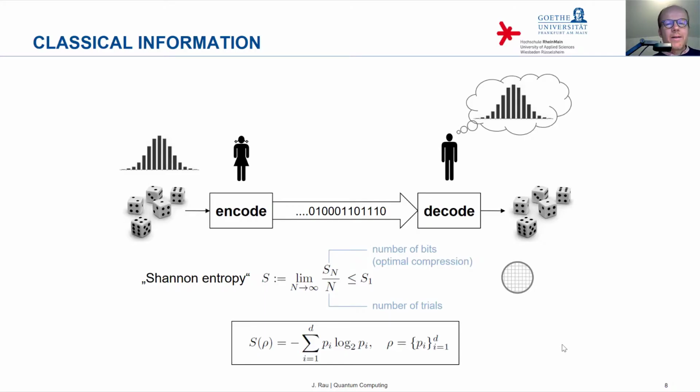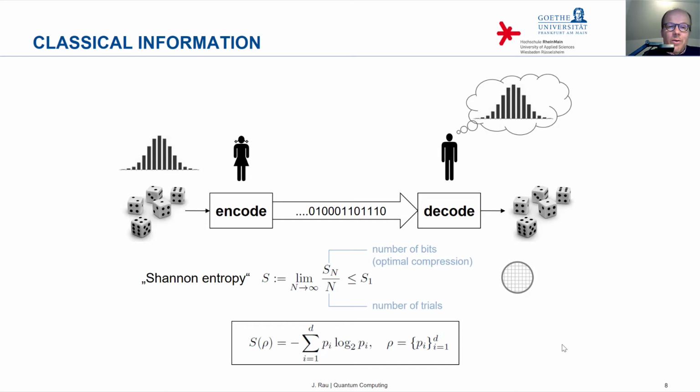So I denote it here by the rho in this formula in the box. That's a shorthand for the classical probability distribution p_i. It doesn't have a hat, so it's not a statistical operator, but it's a shorthand for the classical probability distribution. And this is Shannon's formula for the entropy, for the classical information: minus sum over i p_i log p_i.